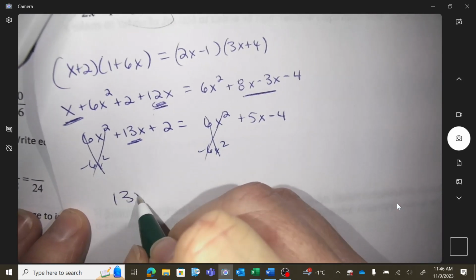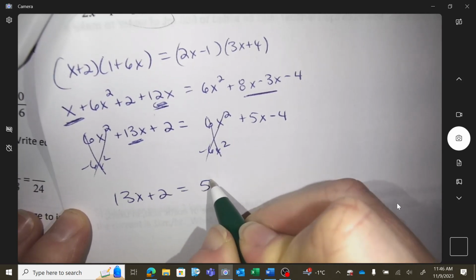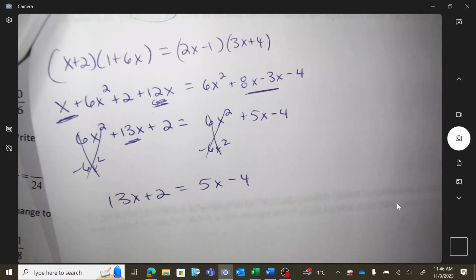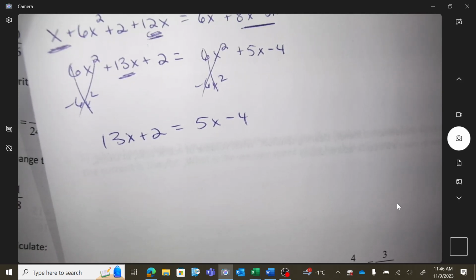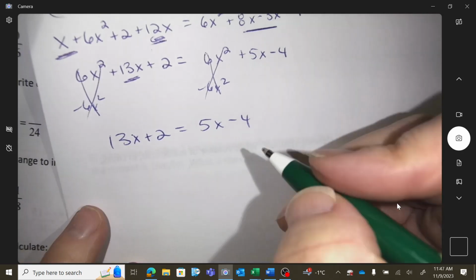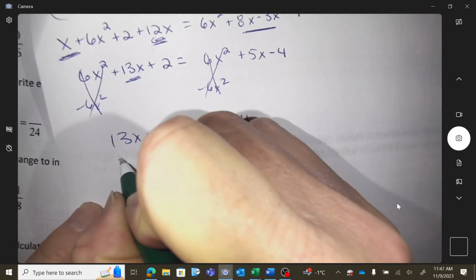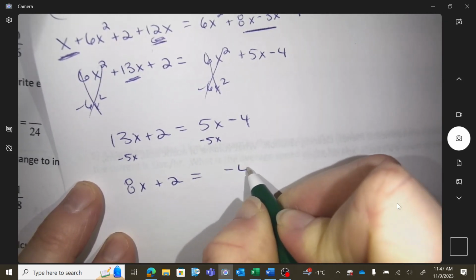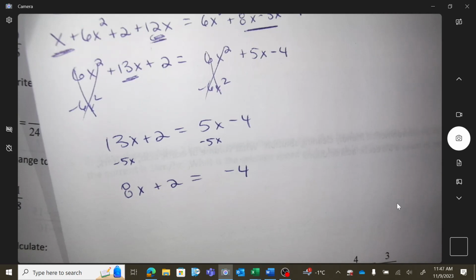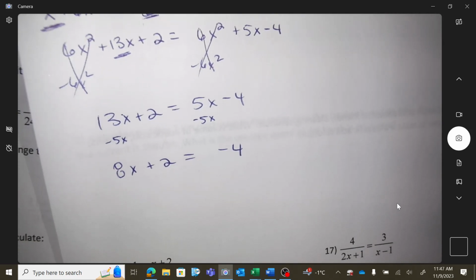So I'm just going to rewrite this a little bit cleaner so you can see. Which algebra do you want to attack to move into the isolation phase? I would do a minus 5x. Keep isolating.